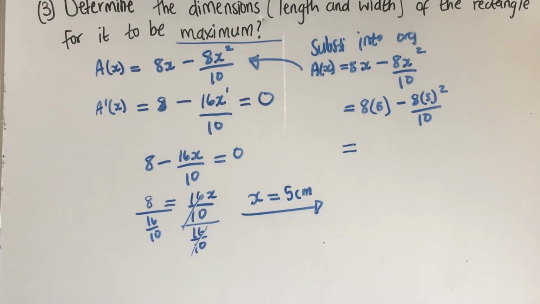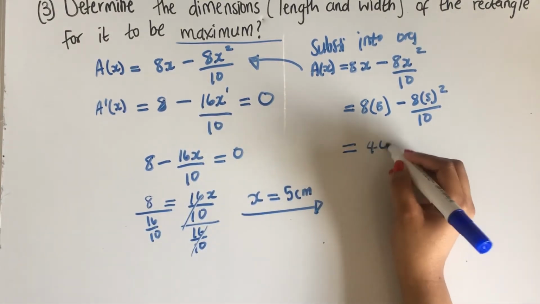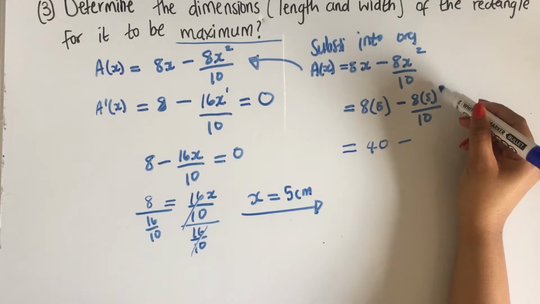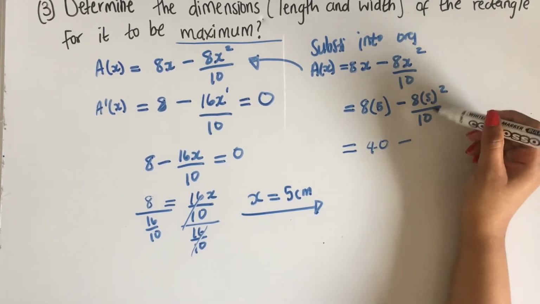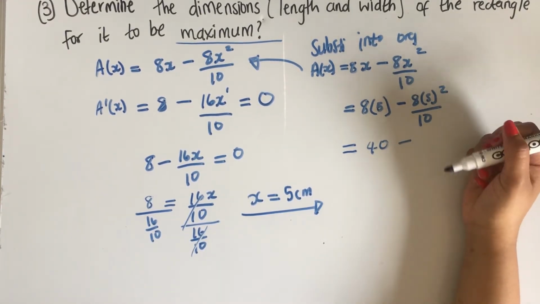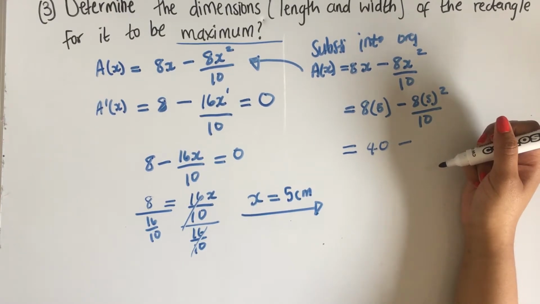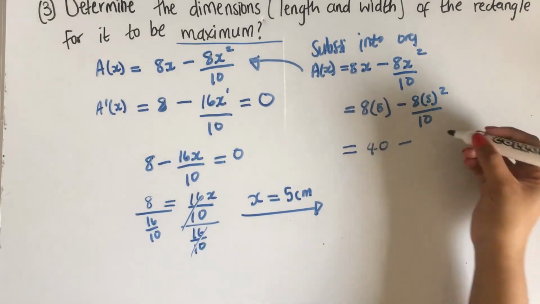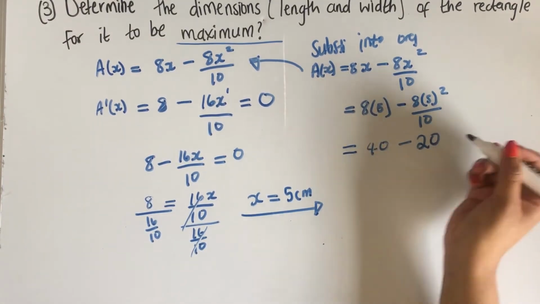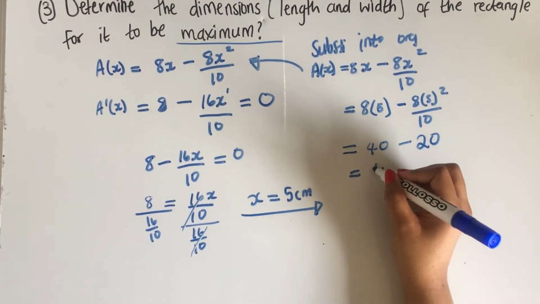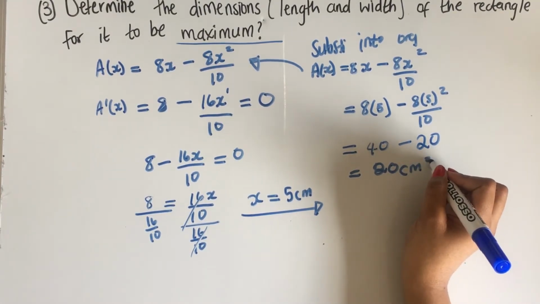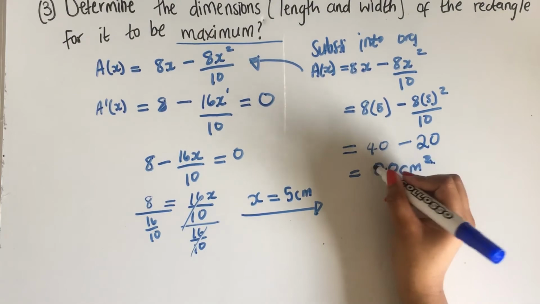8 multiplied by 5 is 40, minus 8 multiplied by 5 squared, which is 25 multiplied by 5, giving us 200 divided by 10, which gives us 20. So it's 40 minus 20, which is 20 centimeters cubed.